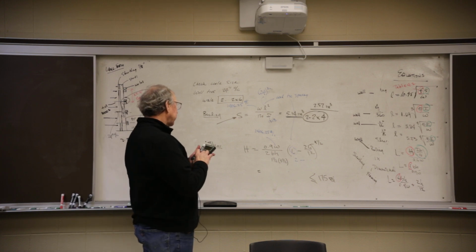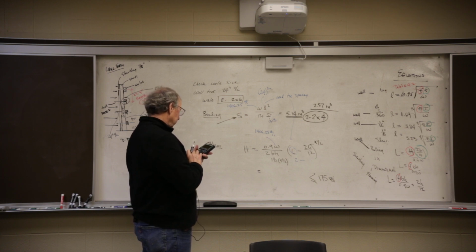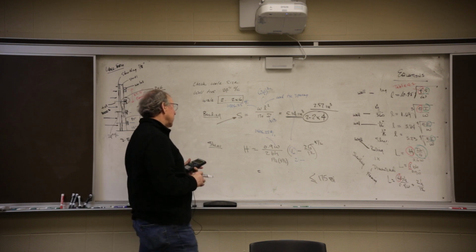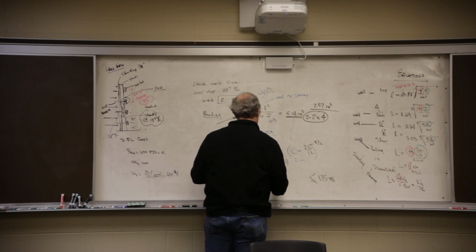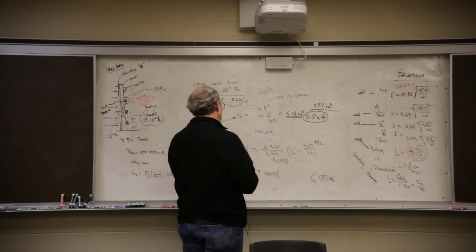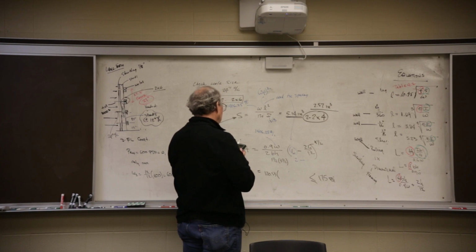So let's do it. 0.9 times 1406.25 divided by 2 divided by 1.5 divided by 3.5. Two minus, what's that? 2 minus 7 divided by 12.